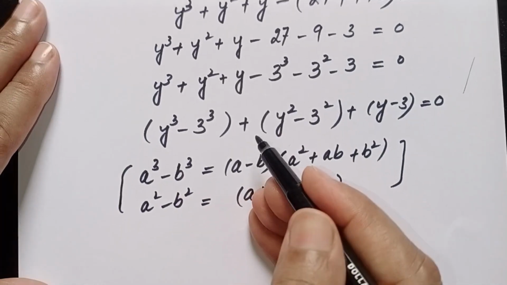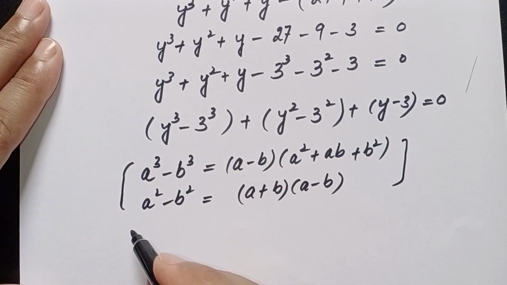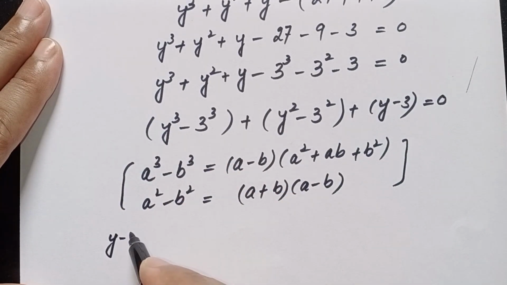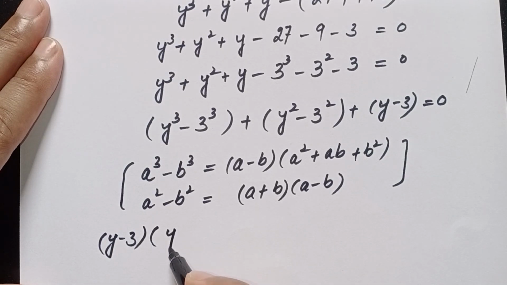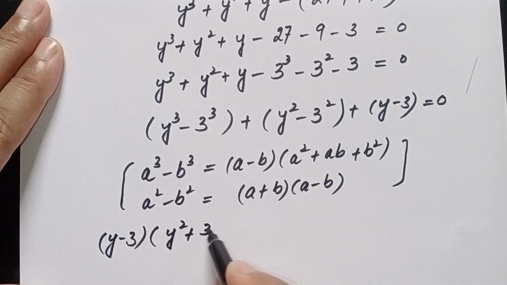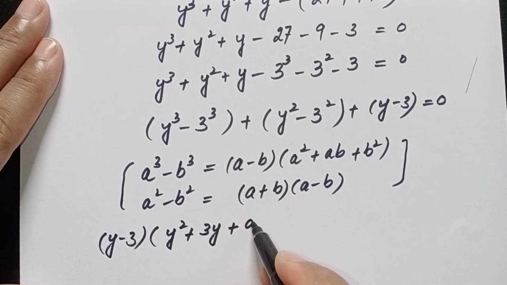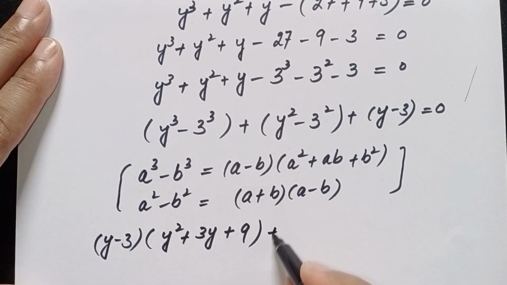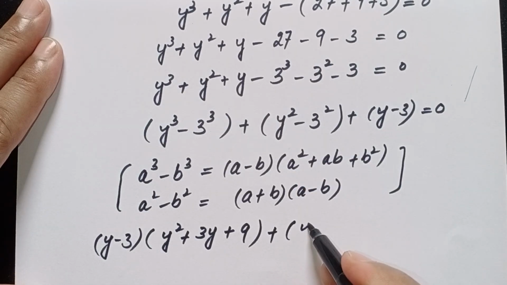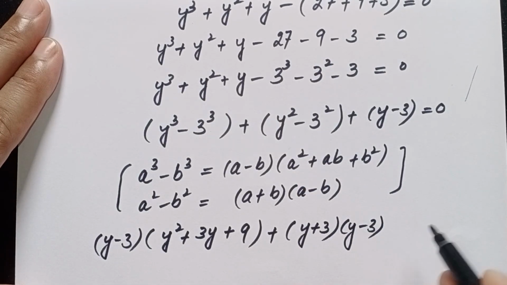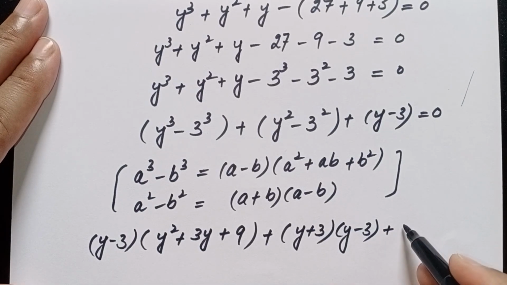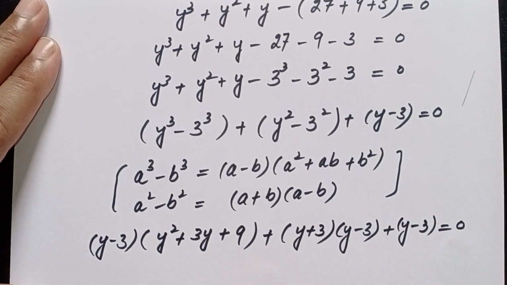So y cube minus 3 cube can be written as y minus 3 times y square plus 3y plus 9. Here we have y plus 3 times y minus 3, and here we will write y minus 3 is equal to 0.